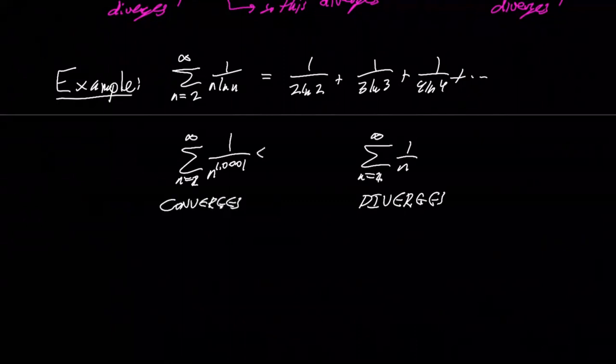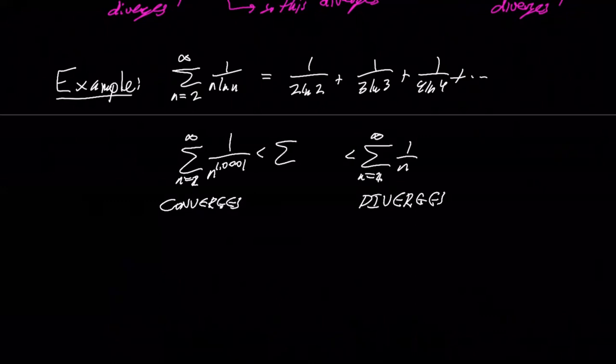So there's this tipping point when the exponent is 1, where the p-test says that all of a sudden, if you're increasing the exponent, the series is diverging. And then if you make the exponent a tiny bit bigger, it converges.